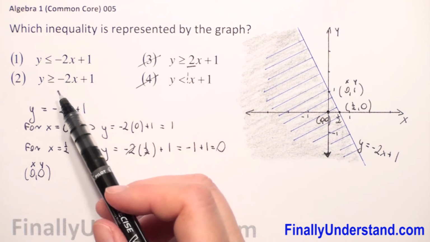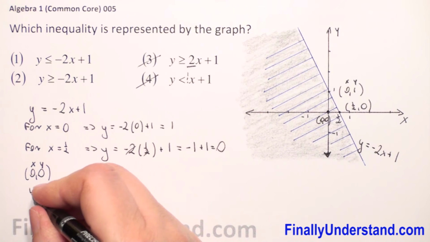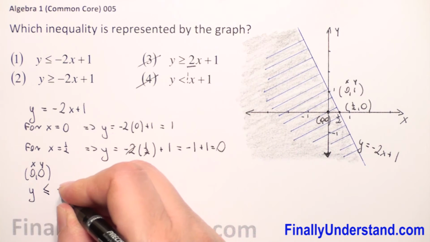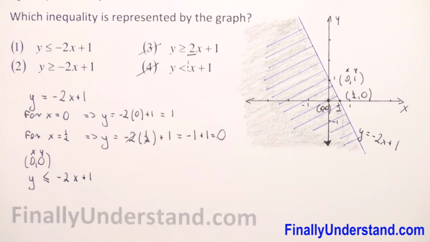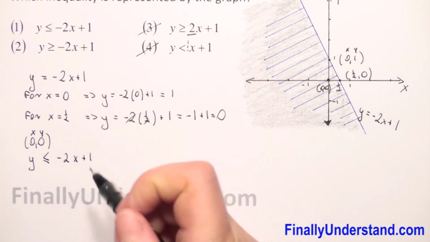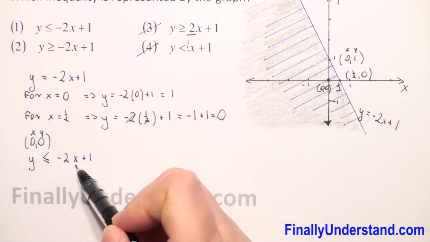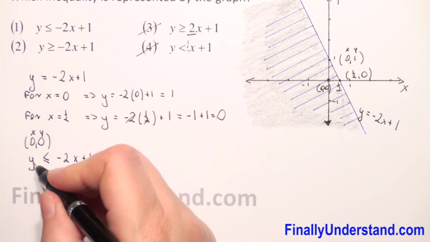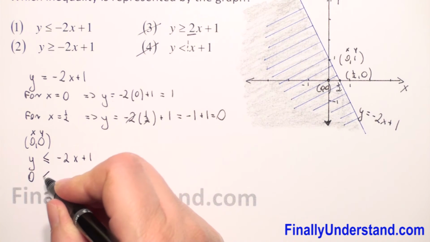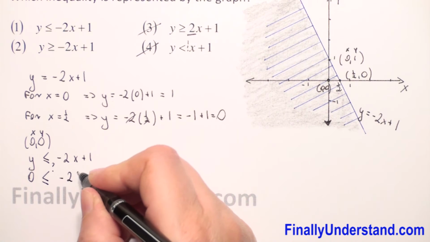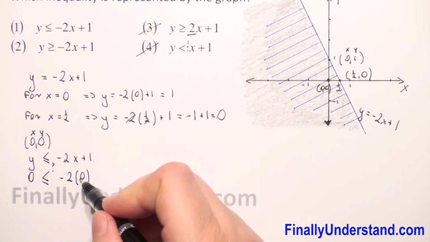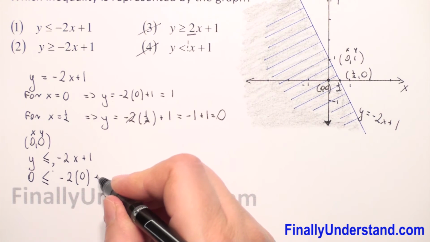And now let's substitute into the first inequality. We have y is less than or equal to negative 2x plus 1. First I rewrite this inequality, and now I will substitute x by 0 and y by 0. So y is 0, is less than or equal to, we have to check, negative 2 times 0, x we substitute also by 0, plus 1.